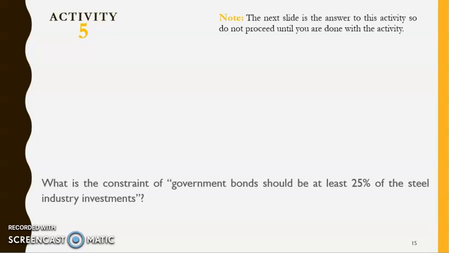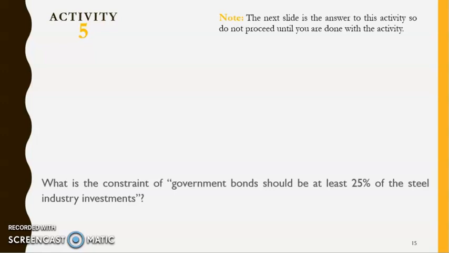You had it with the marketing, where it says, for example, the balance for advertisement in radio must be less than 10%, 20%, 30%. It is exactly the same thing. It talks about the balance of government bonds investment in relation to the steel industry investment. So pause it, check the case, even check the marketing case, and make sure you come up with the answer yourself.